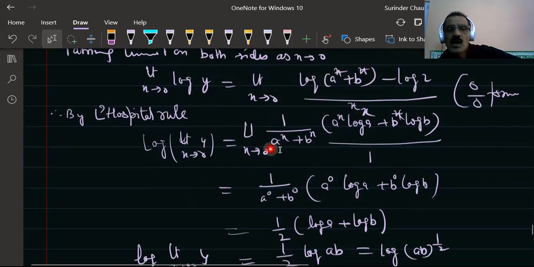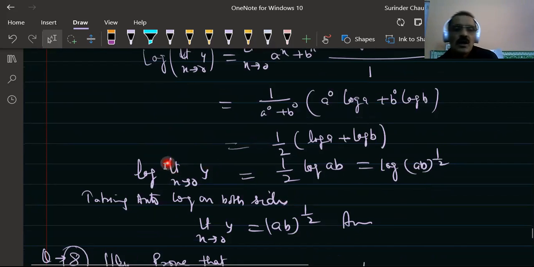Now put x equal to 0 in the numerator and denominator. We get log of a plus log of b, over 2, so log of a plus b by 2. So the log of the limit as x approaches 0 of y is equal to 1 by 2 log of ab, or we can write it as log of ab to the power half.